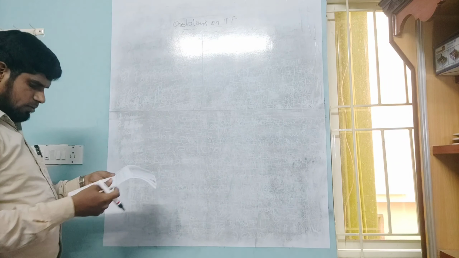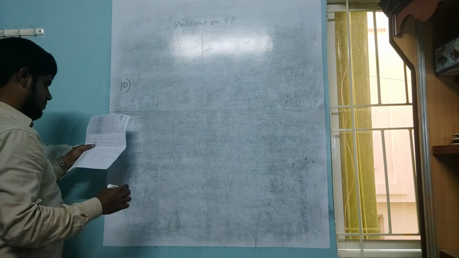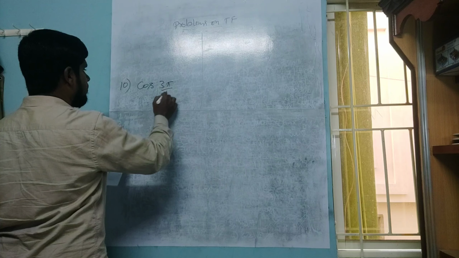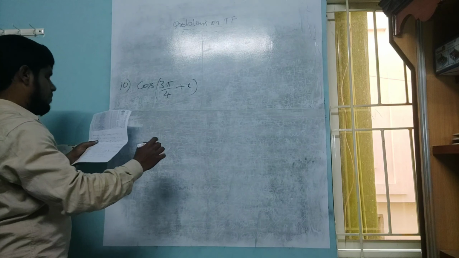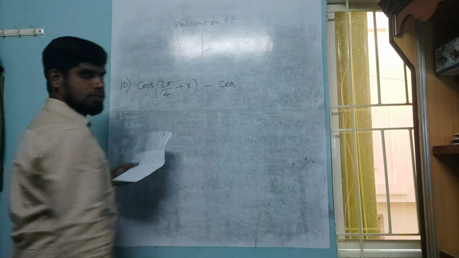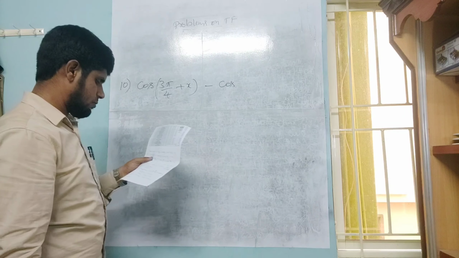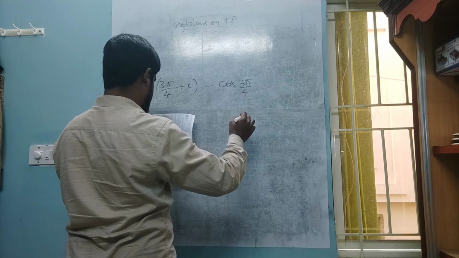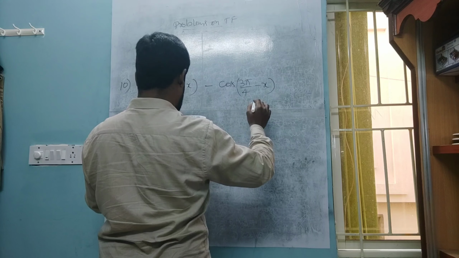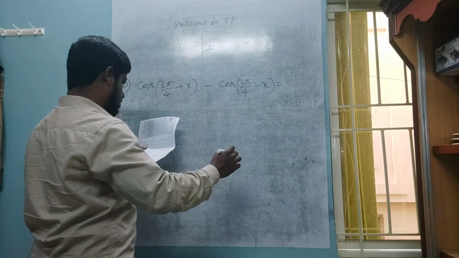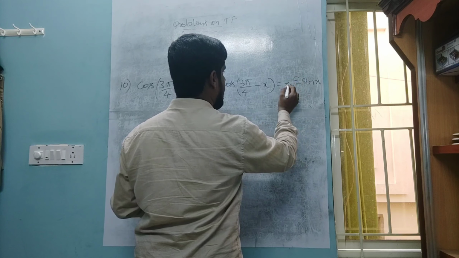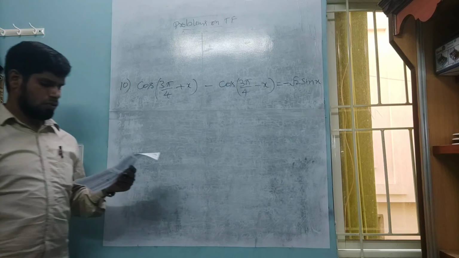The next problem is: prove that cos(3π/4 + x) minus cos(3π/4 − x) is equal to minus root 2 sin x.